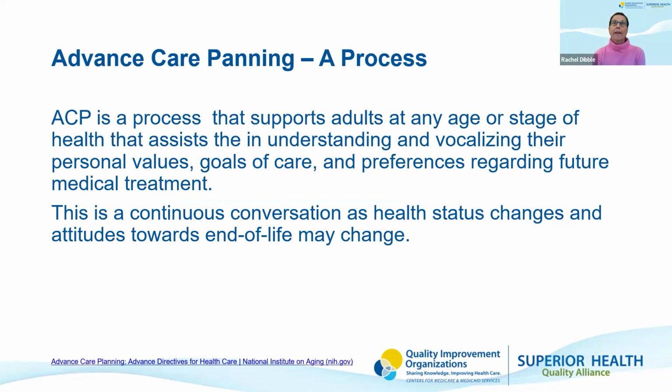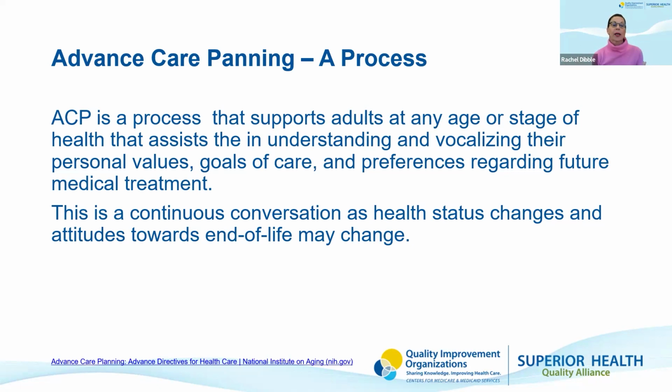So understanding the actual definition of advanced care planning, we look at it also as a process. If you take away anything from this talk, understand that it is not, a term that I have coined, a one and done situation. This is a continual conversation with your patient.